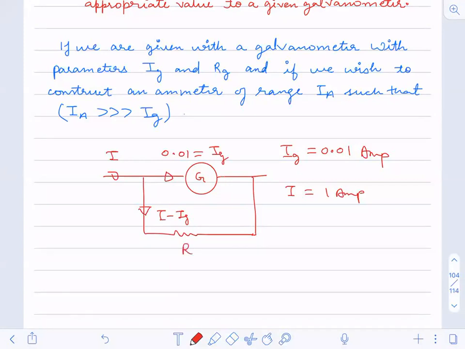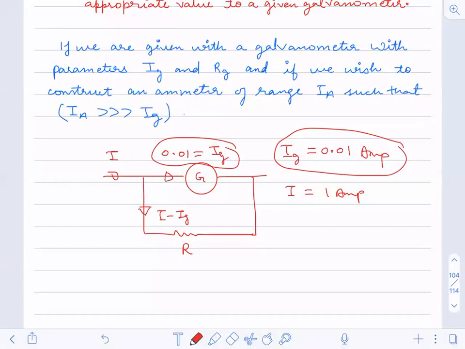So now what will happen? Because this galvanometer can take 0.01 ampere, it will be able to take it, and it will show you the full reading corresponding to I. Understood?